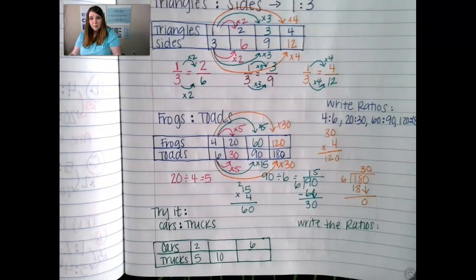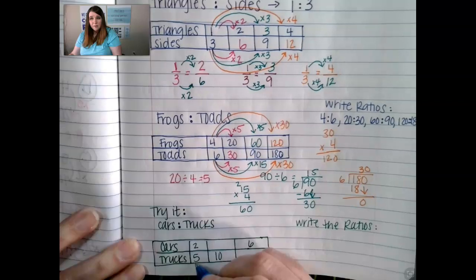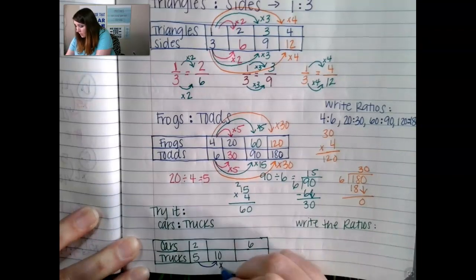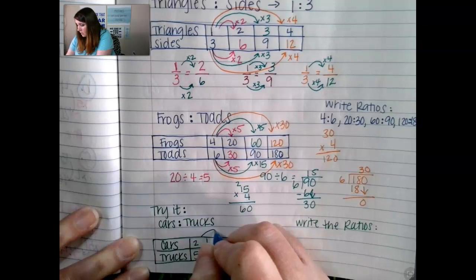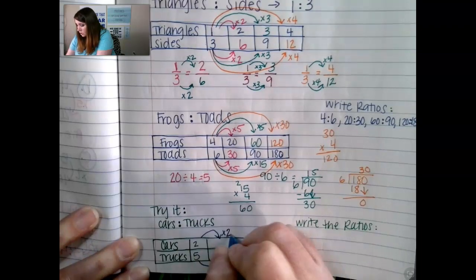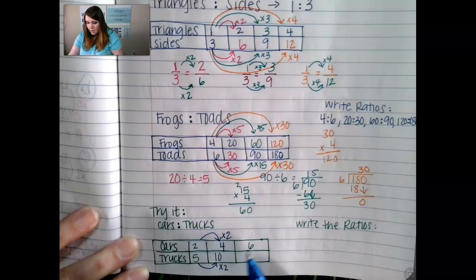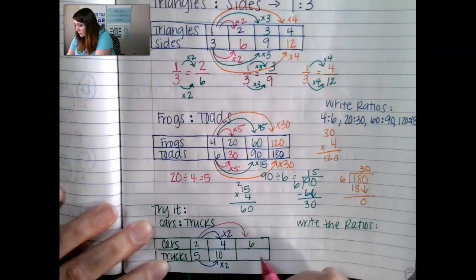All right, so how in the world did I get from 5 to 10? Well, 10 divided by 5 is just 2. So I multiplied by 2. So on the top, I'm going to multiply by 2. 2 times 2 is 4. And that gives me 4 over 10. On the next one, how do I get from 2 to 6 so that I can fill in this hole right here? 2 times 3 gives me 6.